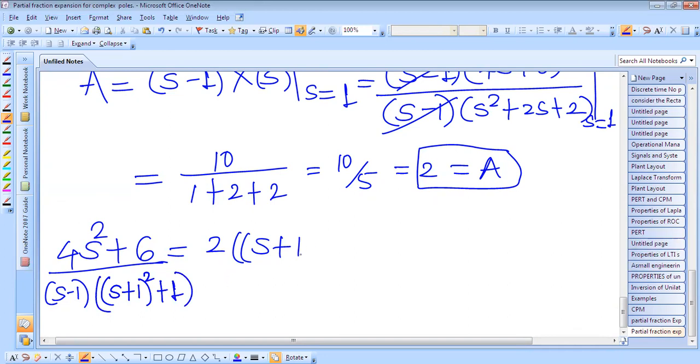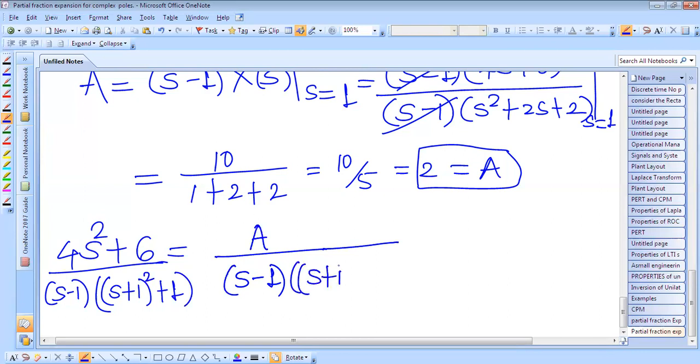Okay, so what are the terms on this side? It is A over (s minus 1), and one more term will be there, (s + 1)² + 1.